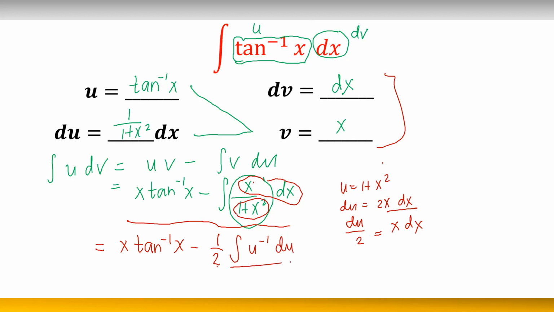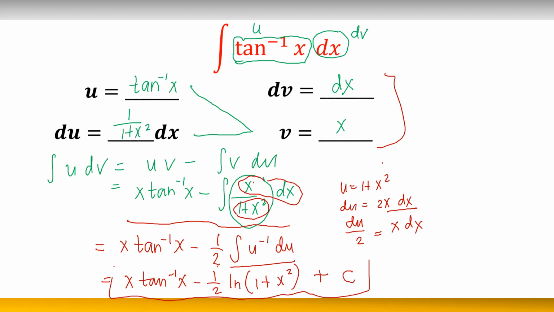So this integral is ln of u. So that will be x arctan x minus 1 half ln of u. Pero ang u natin is 1 plus x squared. No need for the absolute value. And we're assured the positivity of this plus c. So this is our final answer to the integral of arctan of x.